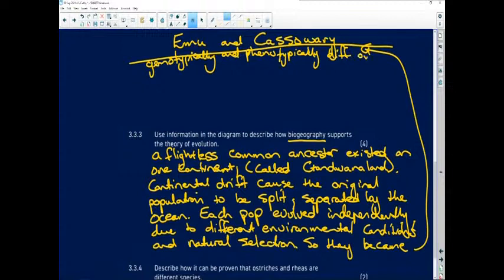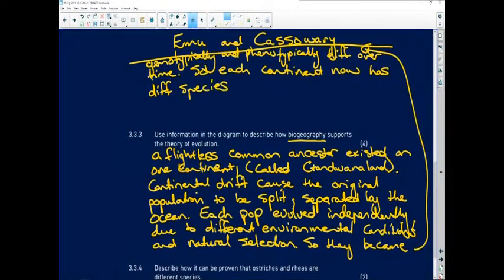Over time. So each continent now has different species of flightless birds.